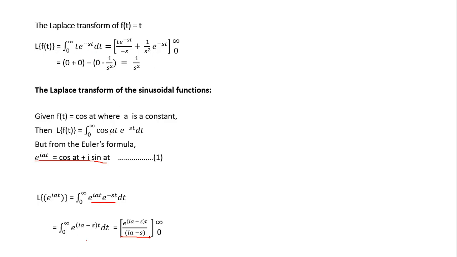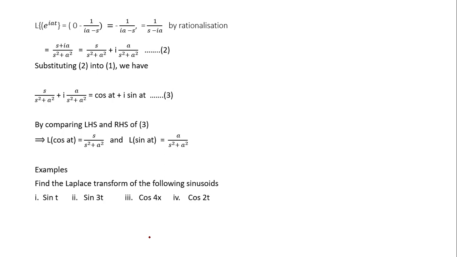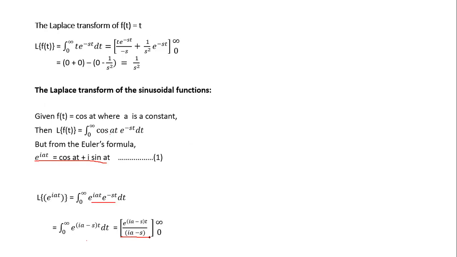Now if you want to evaluate this, you can do so, and we can also even rationalize to push the i from the denominator. But before then, let's evaluate the limits. When t is infinity, the top here becomes 0.